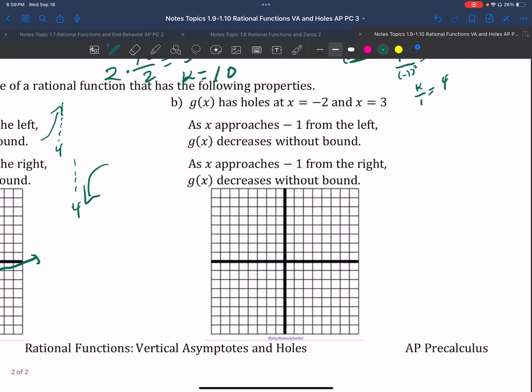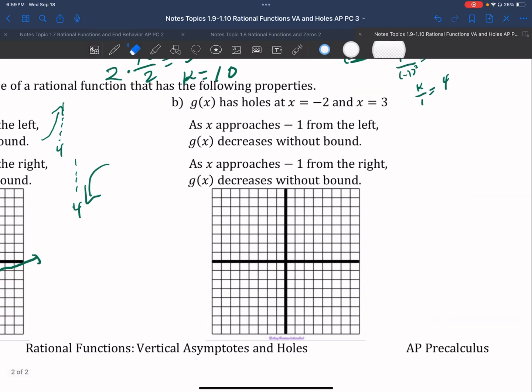Looking at B, they want a function g of x with two holes, one at x equals -2 and one at x equals 3. So I'm going to go ahead and draw that on here. Put two random holes, one at x equals -2 and one at x equals 3. After that, as x approaches -1 from the left, it's going to decrease without bound. So -1 from the left side is going to look like that.